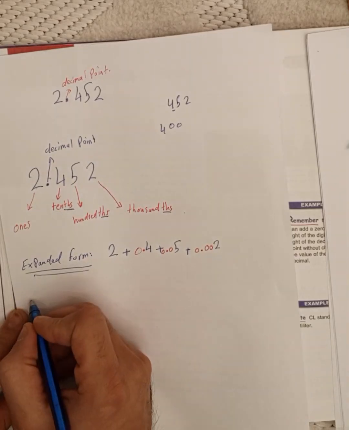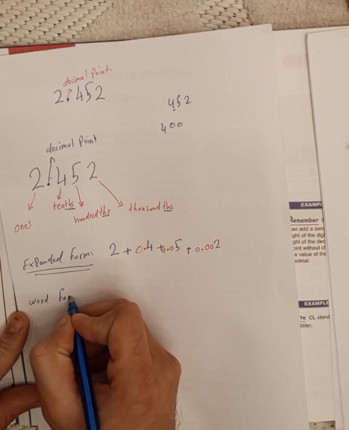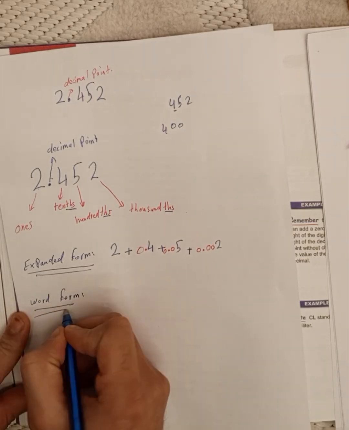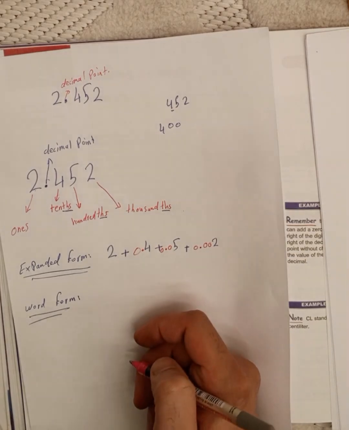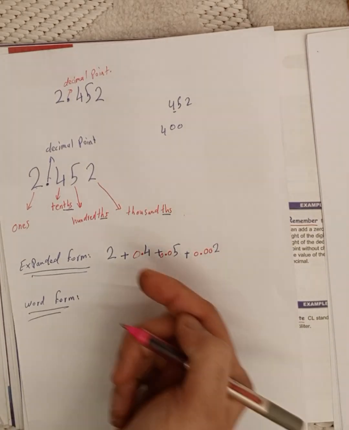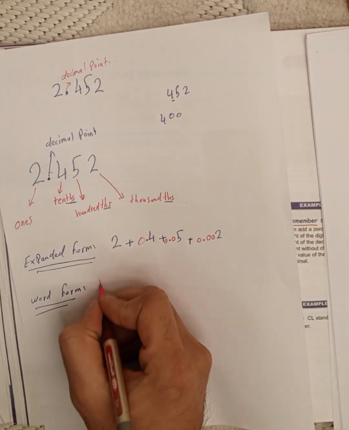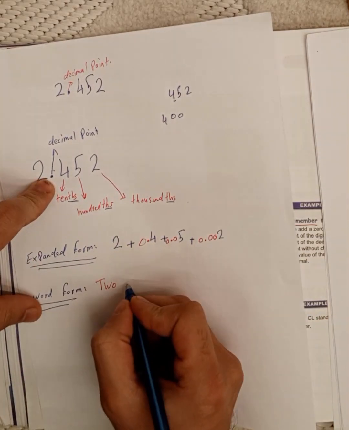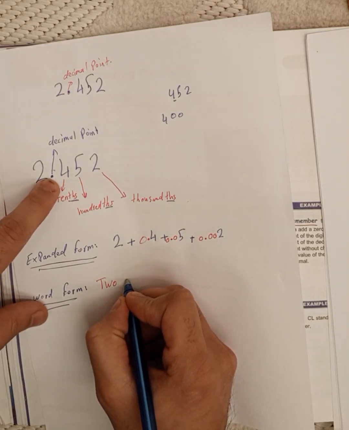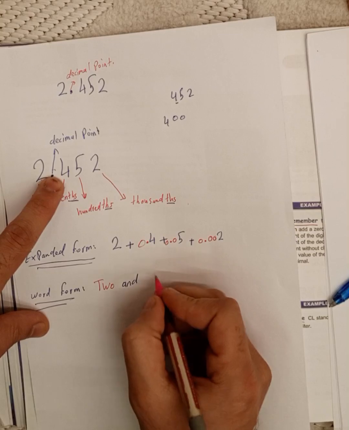How do we write it in word form? How do we read it? To read the number, start from the left side. 2, write down 2. This point, instead of the decimal point, we're gonna say "and." So 2 and.